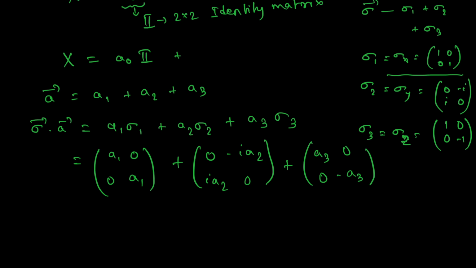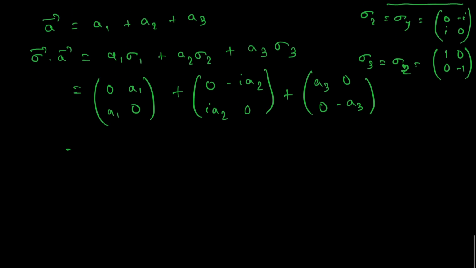Okay, here's a mistake I have made. The sigma 1 matrix is not 1 0 0 1, it is actually 0 1 1 0. I'm sorry for that. So here this matrix would be 0 A1 A1 0.